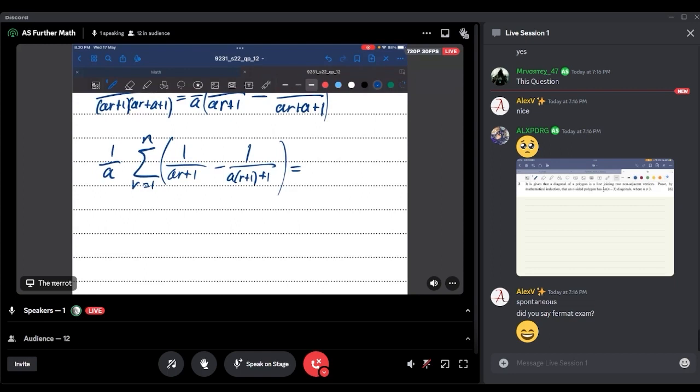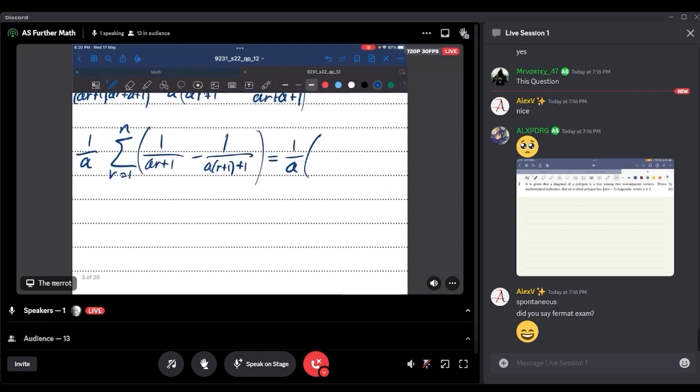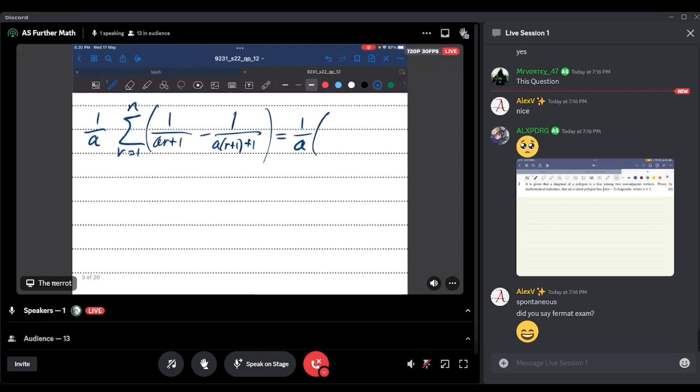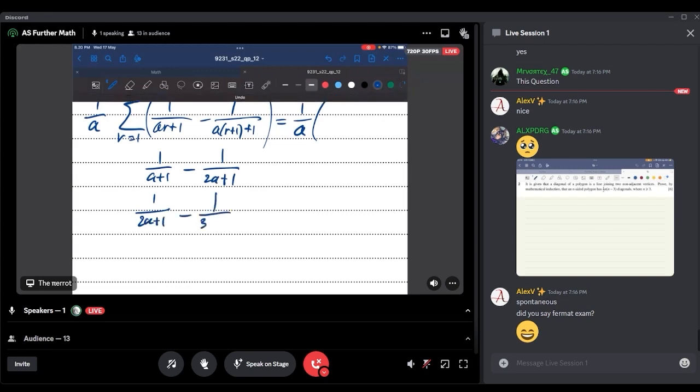So how do you find this? Well, of course, you just copy the 1 over A if you want. That's very fine. And then, if you can't really see it, then it's always okay to expand the sum. So let's say when r is 1, then we have 1 over A plus 1 minus 1 over 2A plus 1. Then when r is 2, we just write everything again. And this is 3 because 2 plus 1 is 3.